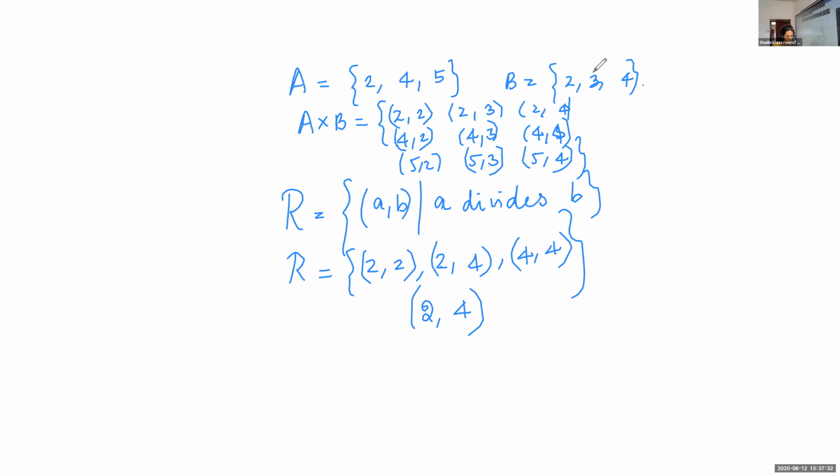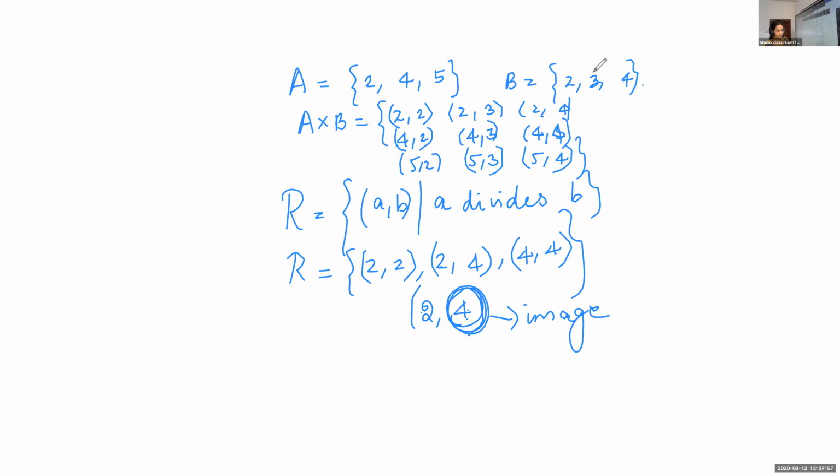In other words, the second element is the image of the first element. 4 is the image of 2 under the relation R.